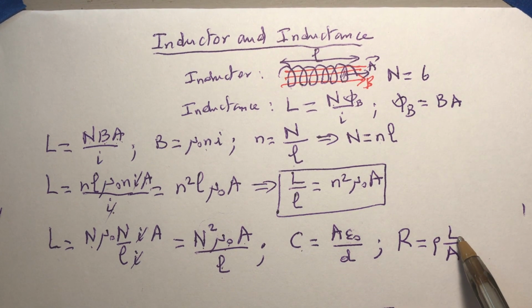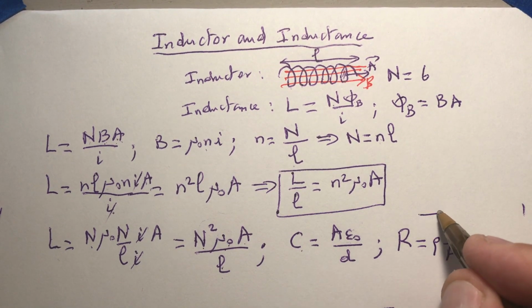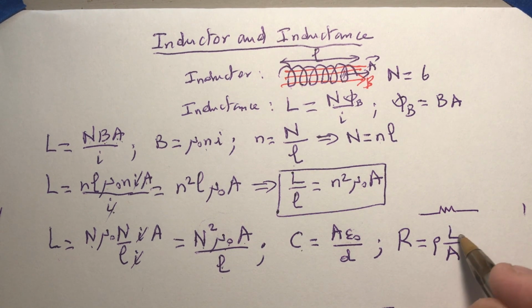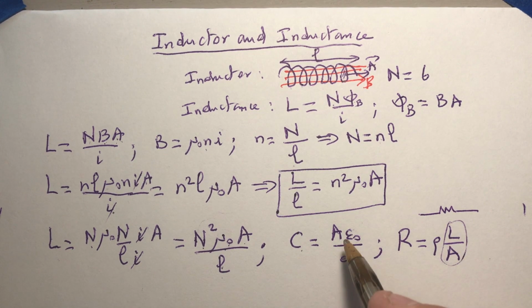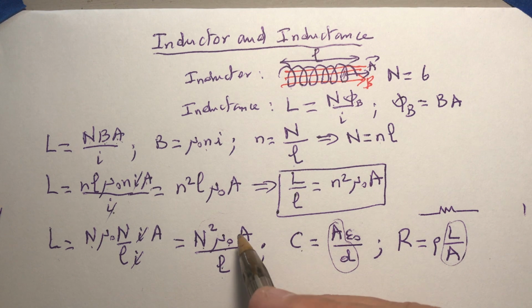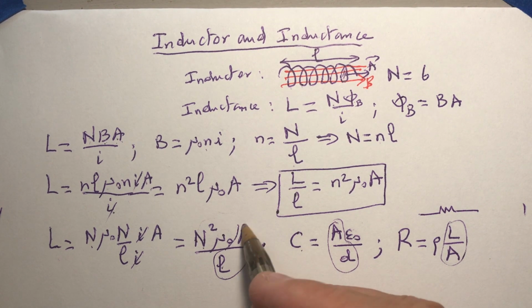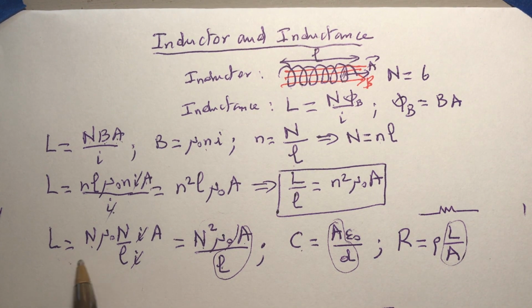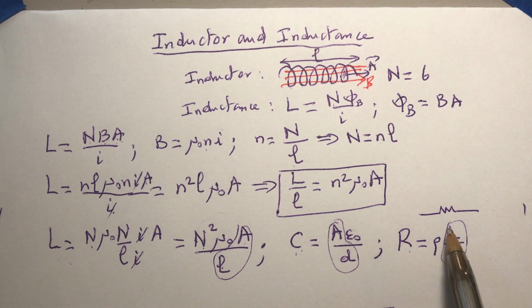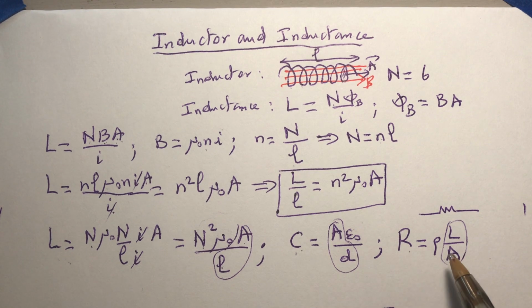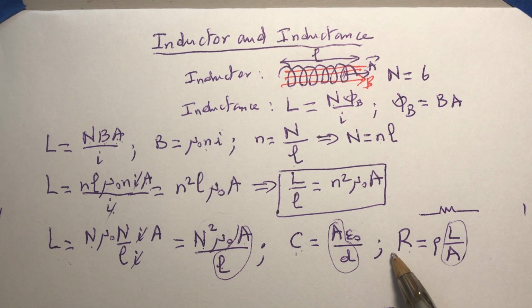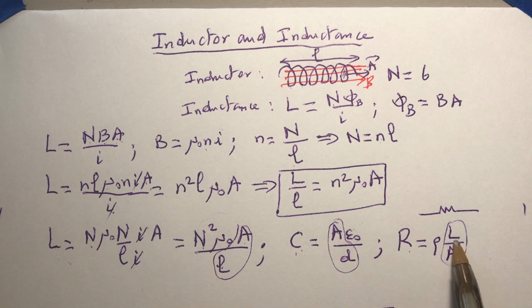Now, L is the length of the resistor, the length of that wire. A is the cross-section of the wire. So these are just dimensions. Look here, dimensions. Look here, these are dimensions. So L, C, R depend only on the dimensions and the material they're made of. They don't depend on the current or the magnetic field or the electric field. They depend only on dimensions. Okay?